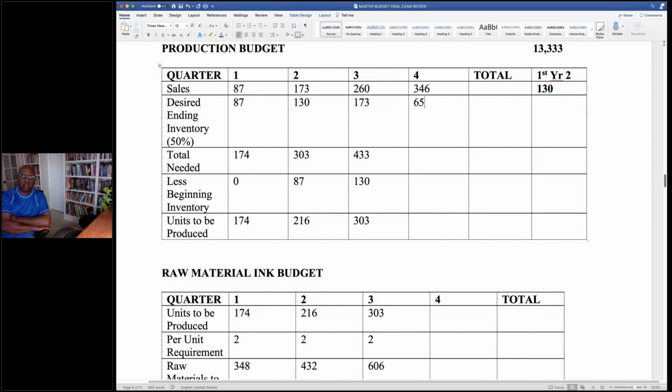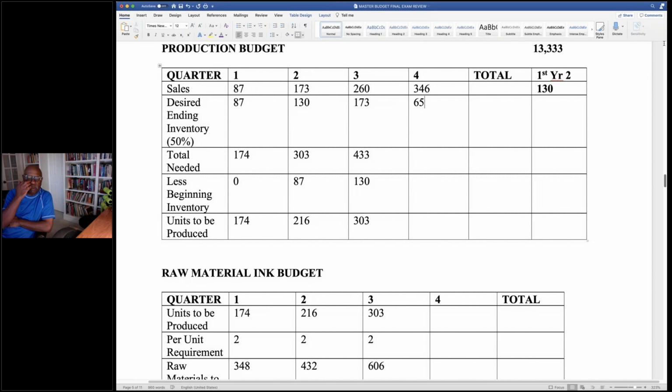Because after the fourth quarter of 20, the next quarter on board is the first quarter of 2021, which is in the break-even year. So 130 would be the sales in the first quarter of the break-even year.